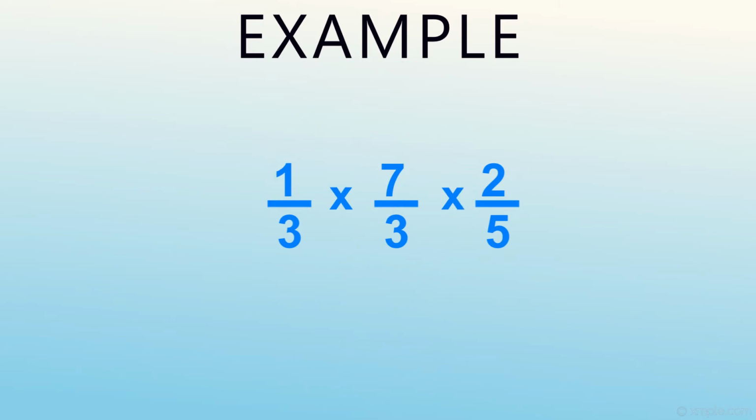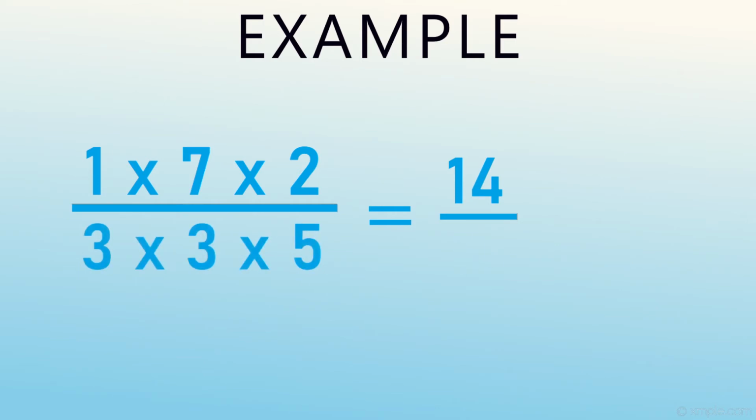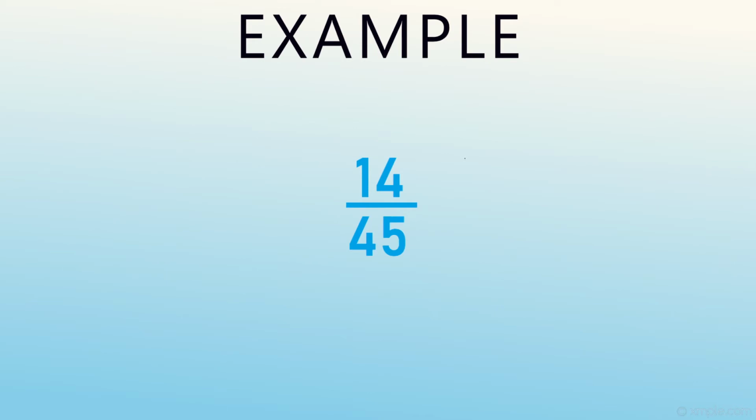Yep, all we have to do is multiply all the top numbers together and multiply all the bottom numbers together, and we will have our answer, and this will work no matter how many fractions we have to multiply. So on top we have 1 times 7 times 2 equal to 14, and on the bottom we have 3 times 5 times 5... which is 45, and that means our answer is 14/45.